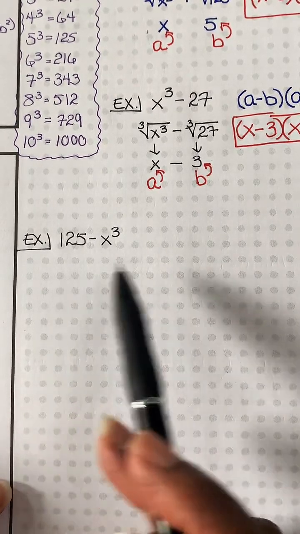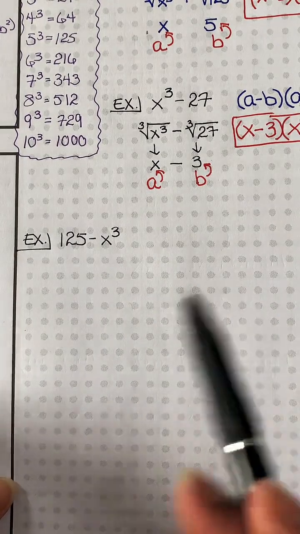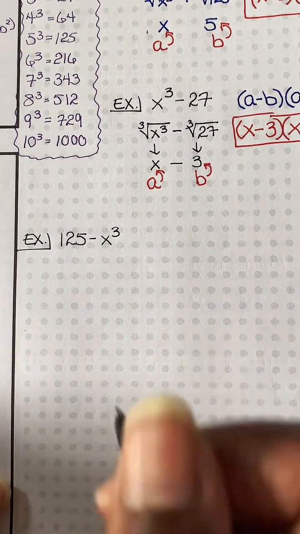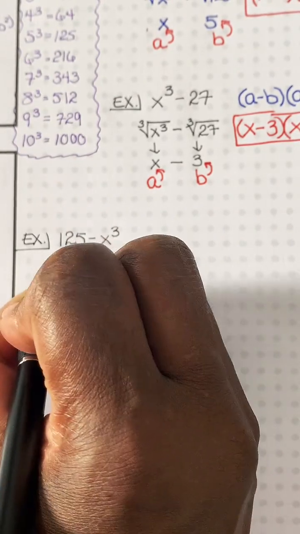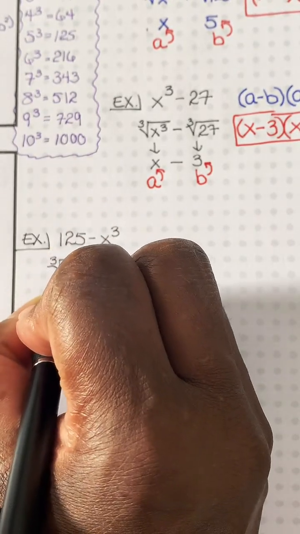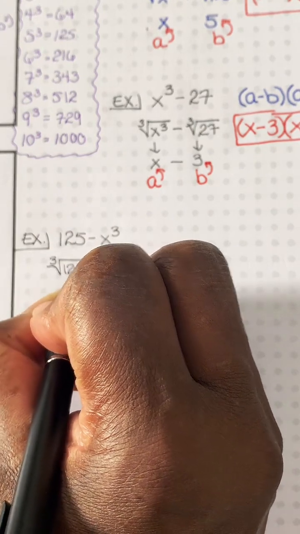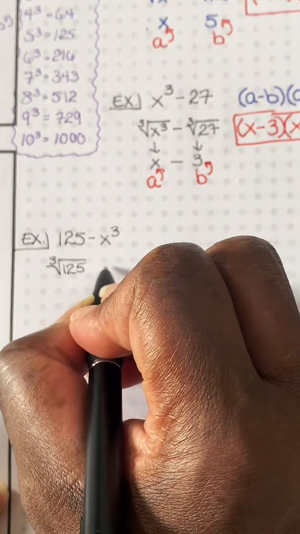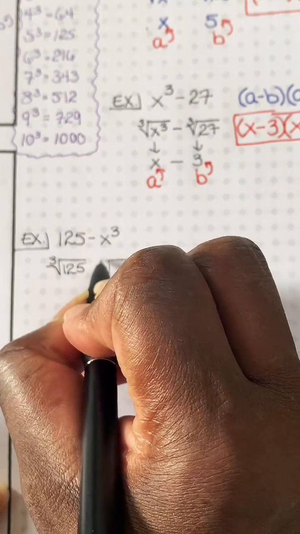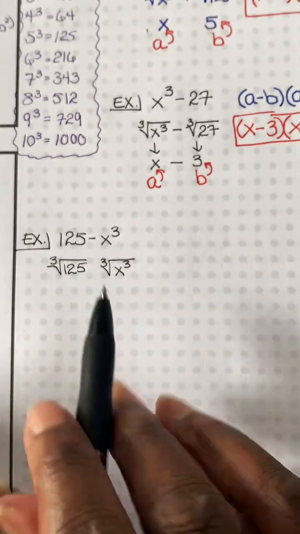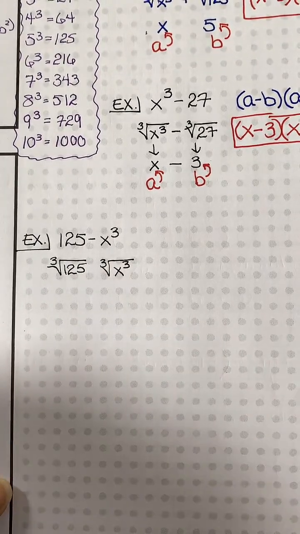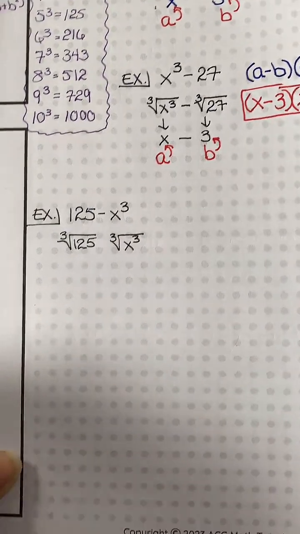Since this is presented in a reverse way, we're going to do it in a reverse way. So we're still going to do the cube root of 125, because we kind of did this already, and then we're still going to do the cube root of x to the 3rd. All right, this time I won't put the minus sign because I think that was confusing people. I'm sorry.